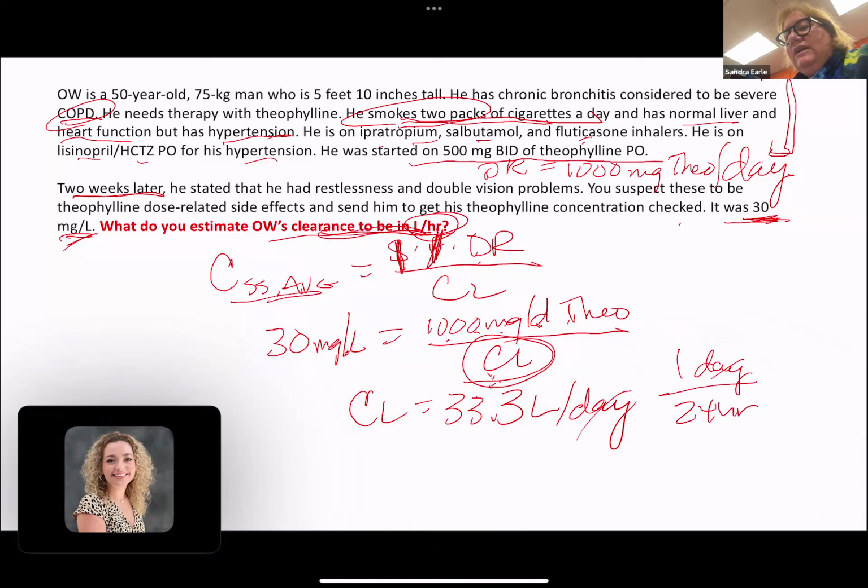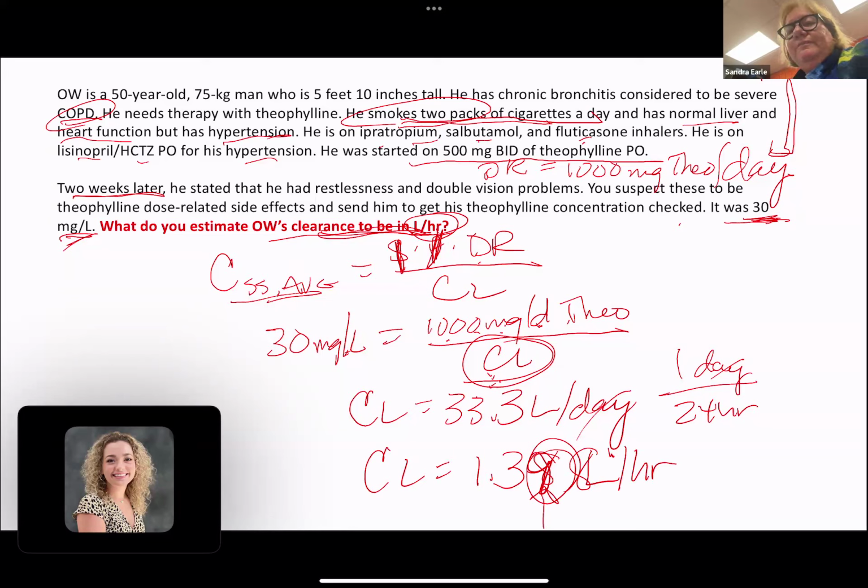So those days will cancel and we'll have liters per hour. So we have to divide that by 24. And so clearance is 1.38, or if we're rounding, it would be 1.39 liters per hour.